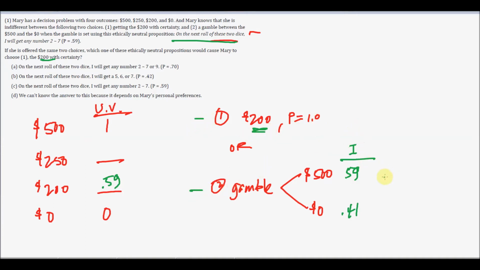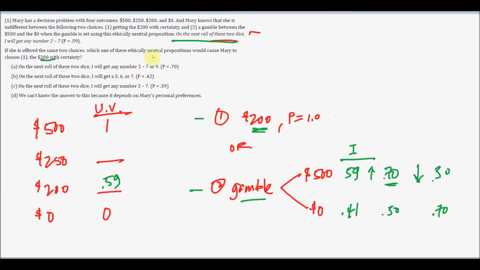But we know, just from the way this is set up, that if these odds got better, if they went up, that is, they got safer, say they went up to 70, so this would be 30% chance of losing, then Mary would choose the gamble. If the odds went down, if this gamble got riskier, say it went down to 30%, 70% chance of losing, we know that Mary's going to take the $200.